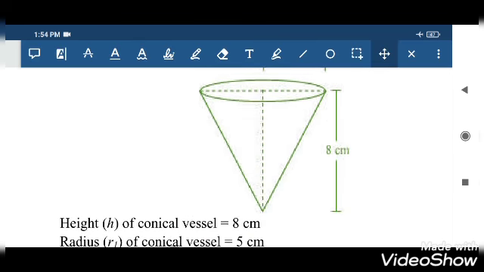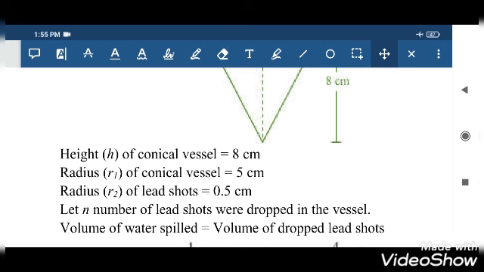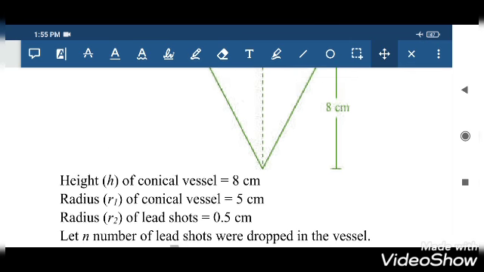So next we need to take the volume of dropped lead shot. Volume of dropped lead shot means we don't know how many lead shots, so n into volume of lead shot. So what is the meaning?